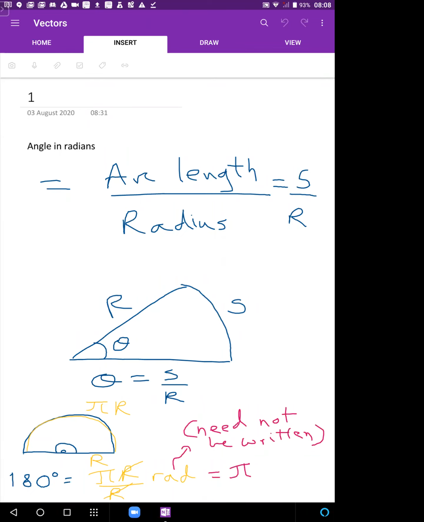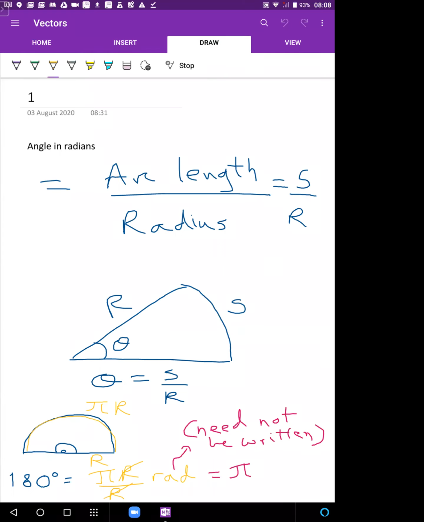All right. Okay. So angle and radians. This is now a new unit of measuring angles. In fact, this is what is going to be the SI unit by which angles are measured. Let's see how this unit is defined. Now you have some idea of how angle in degrees is, or you have some perception for angle in degrees.